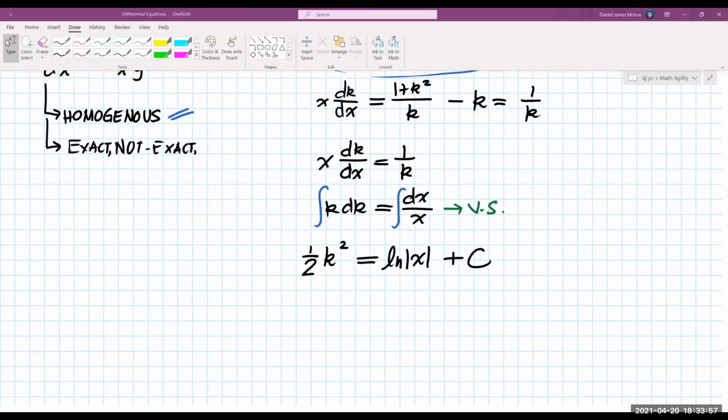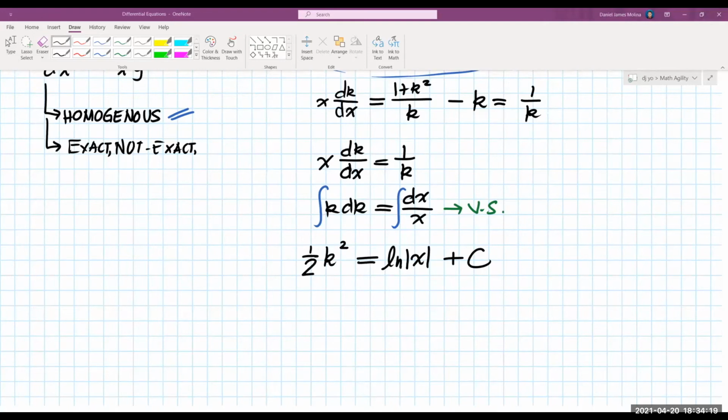Alright. So continuing our discussion, our solution. We ended up, I disconnected on this part. So I have already integrated the left hand side and the right hand side, which is equal to 1/2 k squared. That is equal to the natural log of the absolute value of x, and then, of course, our arbitrary constant plus c.